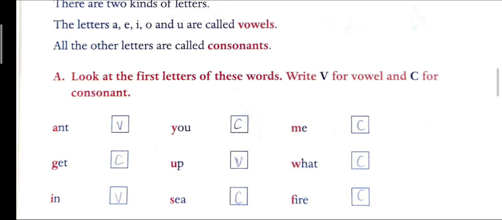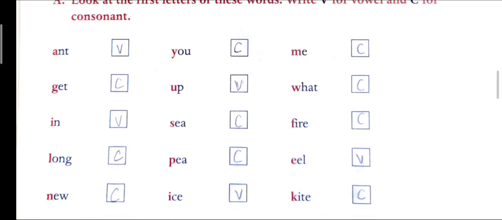A, E, I, O and U. Whenever the word starts with A, that is a vowel, and when the other words start with Y, G, F, W, M, that is called consonant. Okay, so the first letter is A, then N, then T. So this is a vowel.